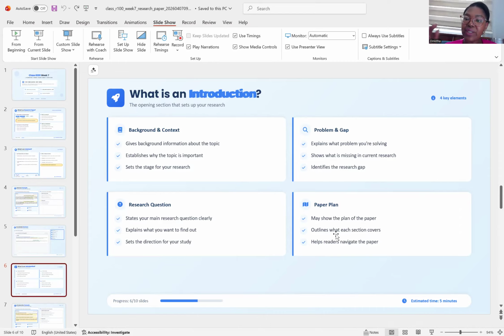I will say that in this paper, we're going to look at the literature review, which is often in a research paper, and the methods, where we're going to be using surveys. It outlines what each section covers and helps readers navigate through the paper. So an introduction is a lot clearer and gives us a lot more information and background of the study.